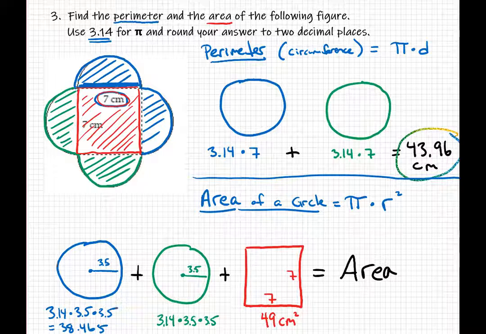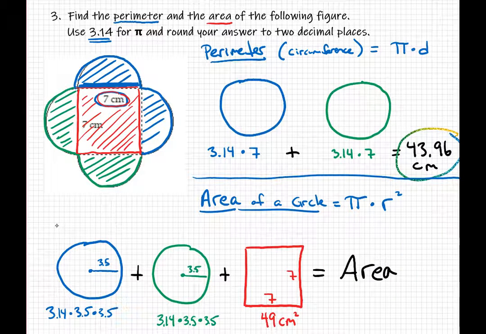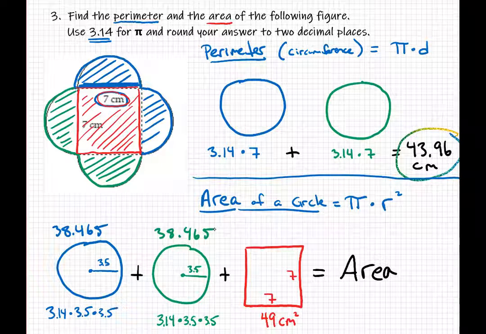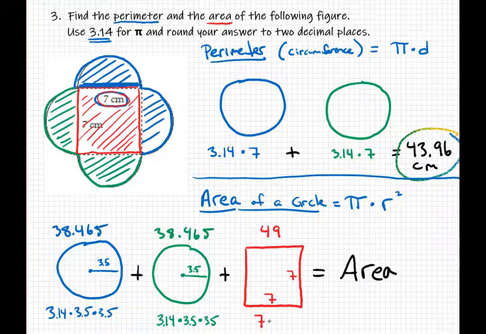The green circle has the same area, 38.465. So we have 38.465 plus 38.465 plus 49. Right on the bottom, we'll give the calculation, and on the top, this is the area.